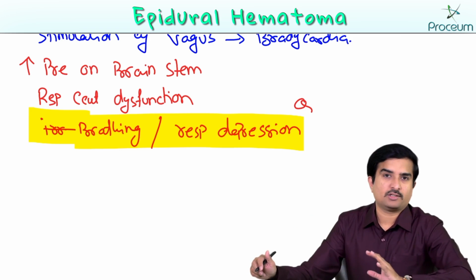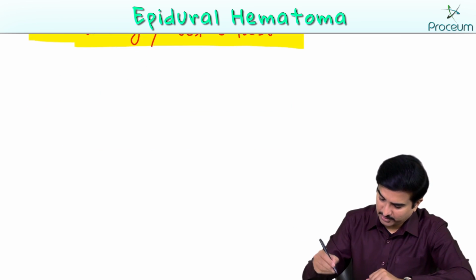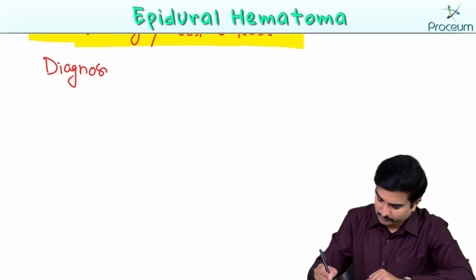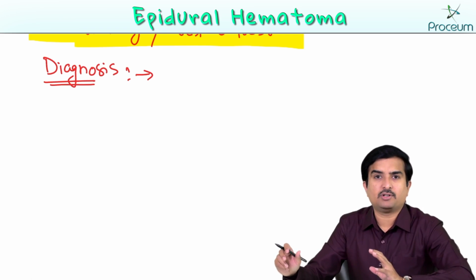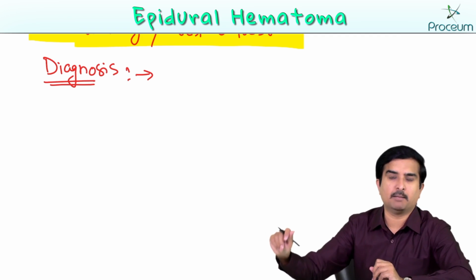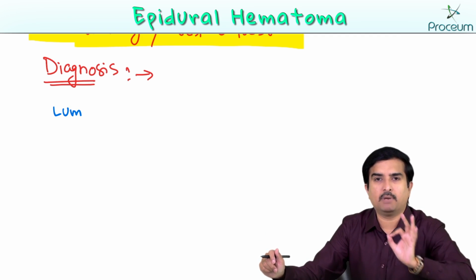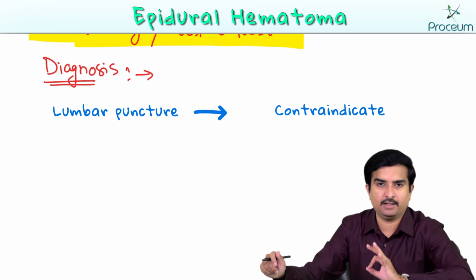Now let us concentrate on diagnosis. So we'll write the diagnosis here. What is the diagnosis? Remember, generally in neurological events we often perform the lumbar puncture, but remember, lumbar puncture in this condition is purely contraindicated.